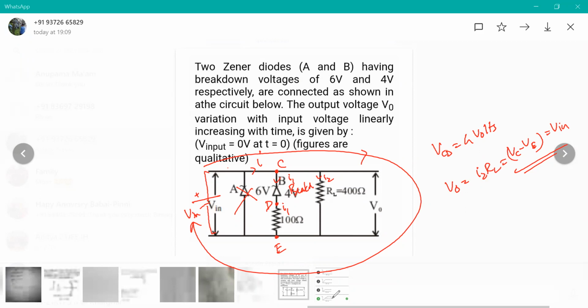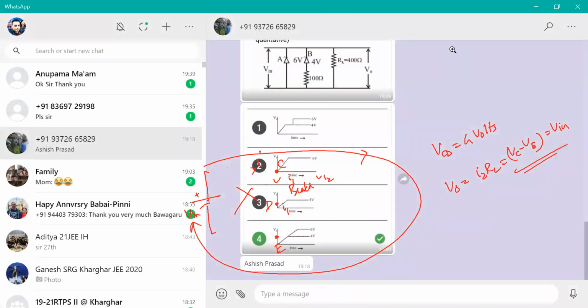Dips the slope between 4 and 6. No, I'll show you the options which are given. Just a minute. So there is no dip in the slope.